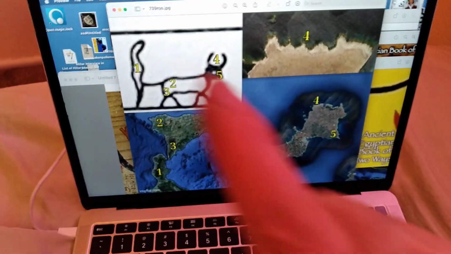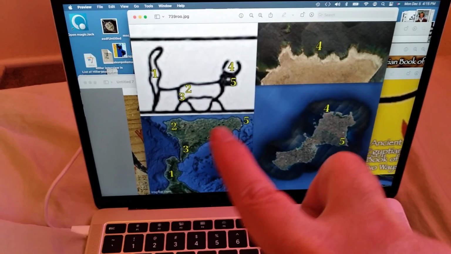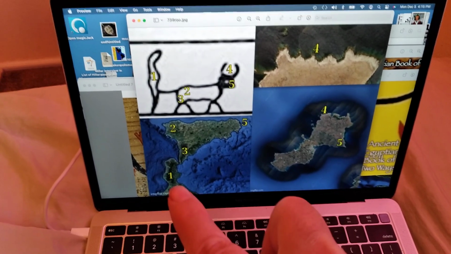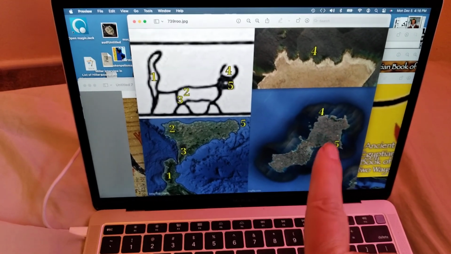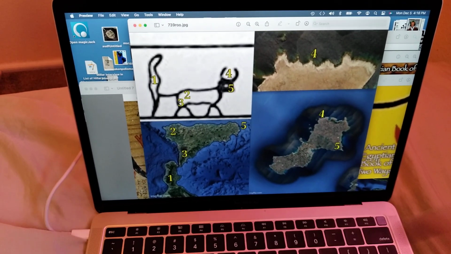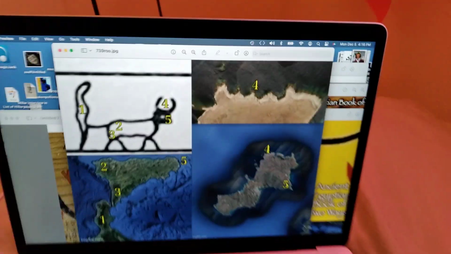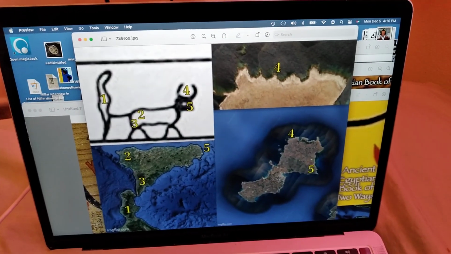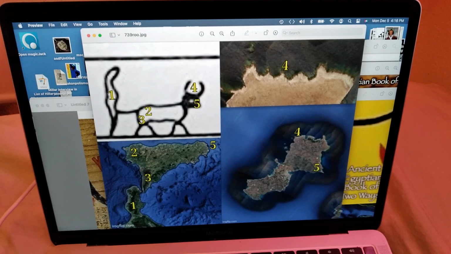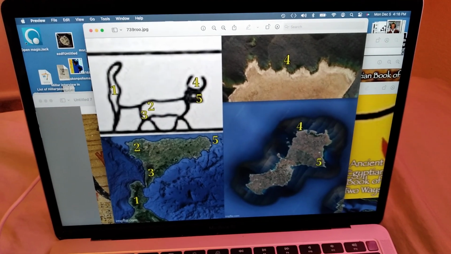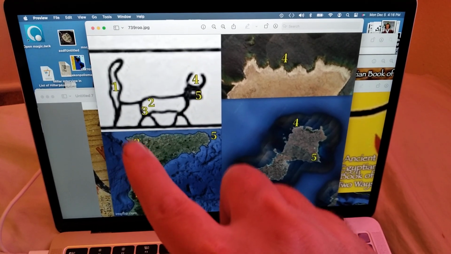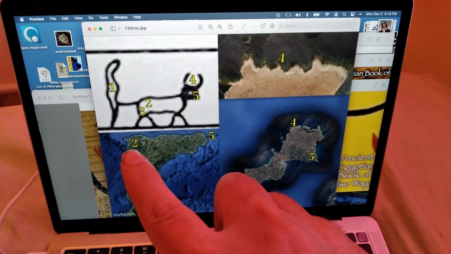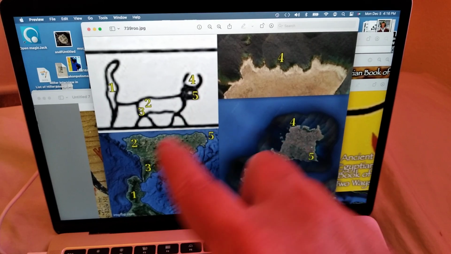I was thinking that, so this is Sicily right here. This is Italy's toe. And this is that one place. I should actually find out the name of this island. I neglected to really notice. But basically, I was thinking that this over here was the horns, and it's still possible.